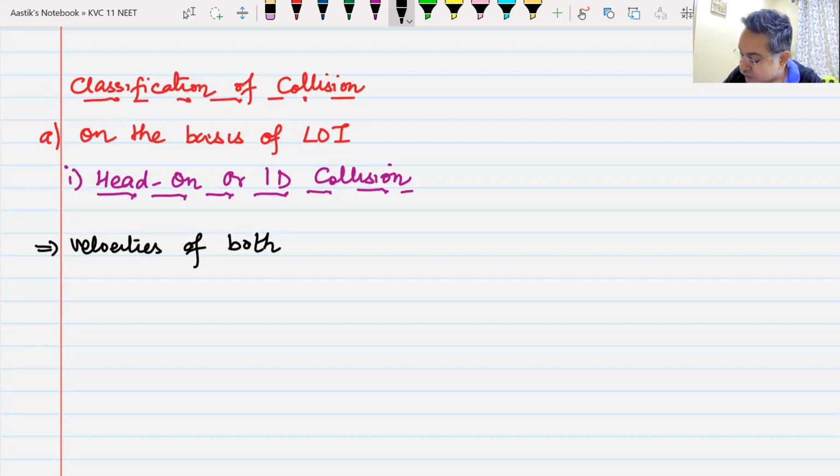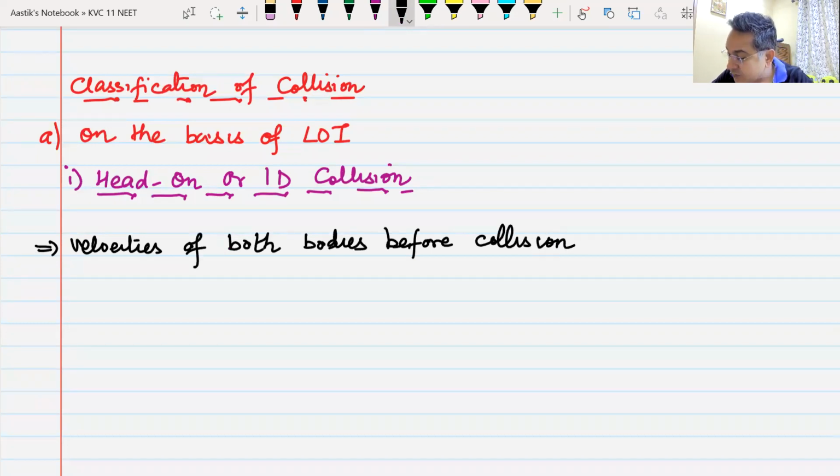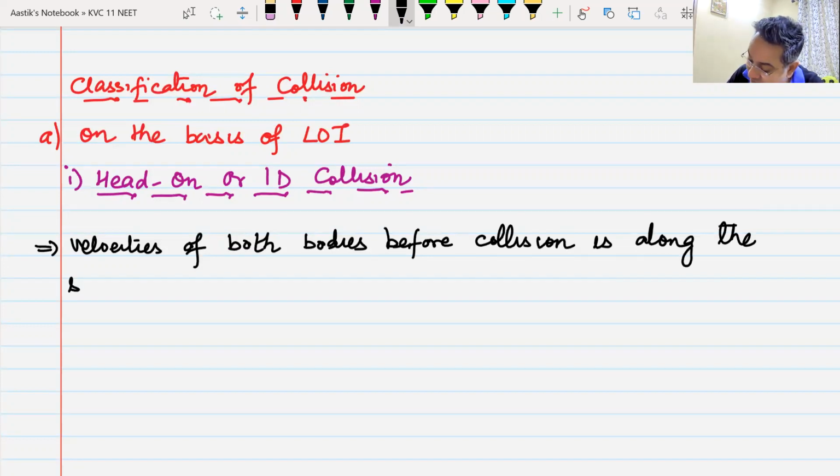If the velocities of both the bodies before collision are along the same line, the collision is called a head-on collision or collision in one dimension. So we say the bodies are colliding head-on.